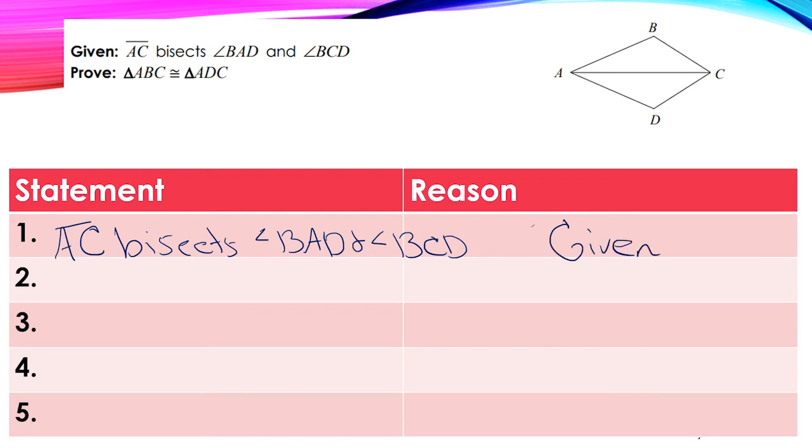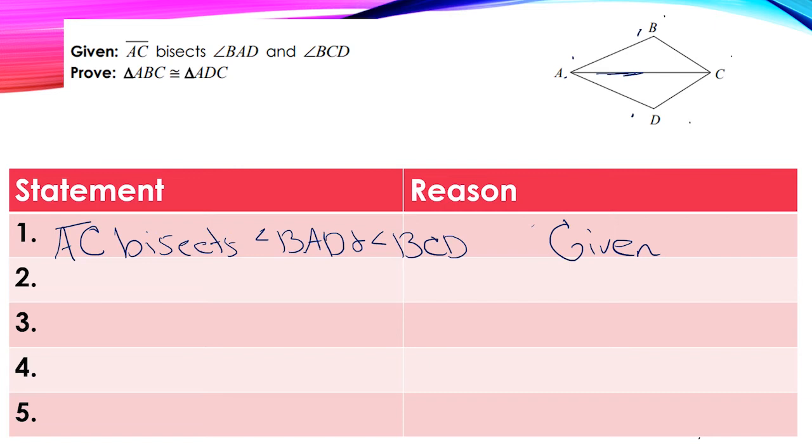So what does that tell us? AC, so this line here, bisects angle BAD and it bisects angle BCD.